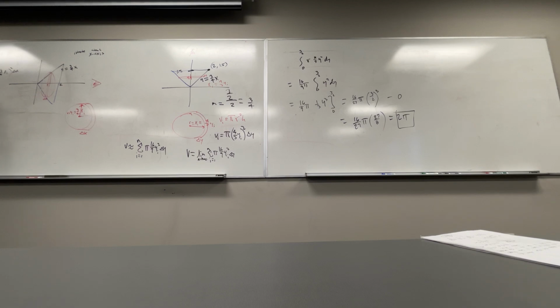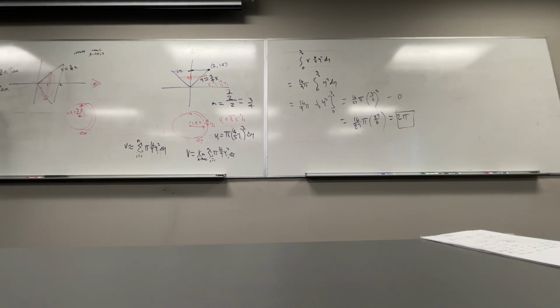So v sub i is going to be 9/16 pi x sub i squared delta x. So there's a very nice expression of what the volume of one of those discs would be. But I'm going to stack a bunch of them so that I can get an approximation of the volume of that whole thing as those radii get bigger and bigger.